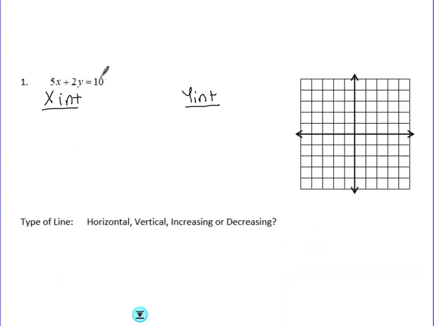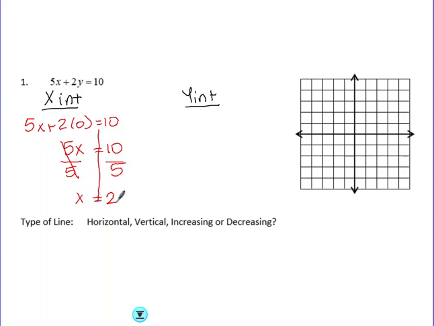So, if we want to find the x-intercept of this equation, we need to put 0 in for y, and then we just solve for x. 2 times 0 is 0, so this just gives us 5x equals 10. Then we divide both sides by 5. We get x equals 2. So our x-intercept is (2, 0). If I graph that, that is this point here.